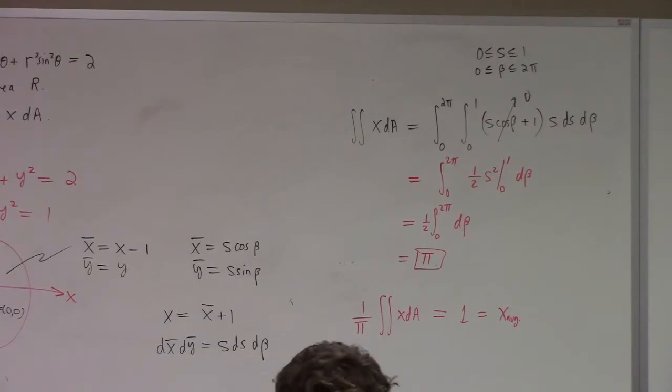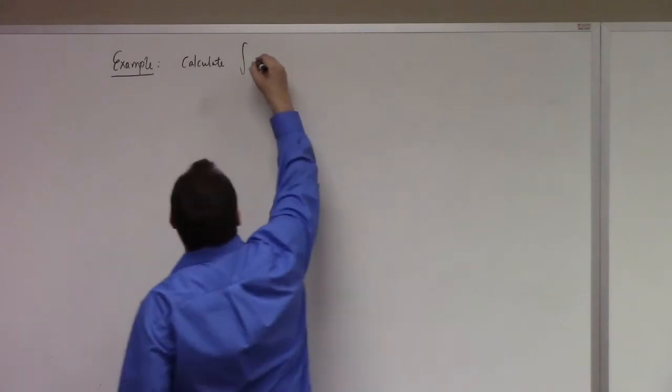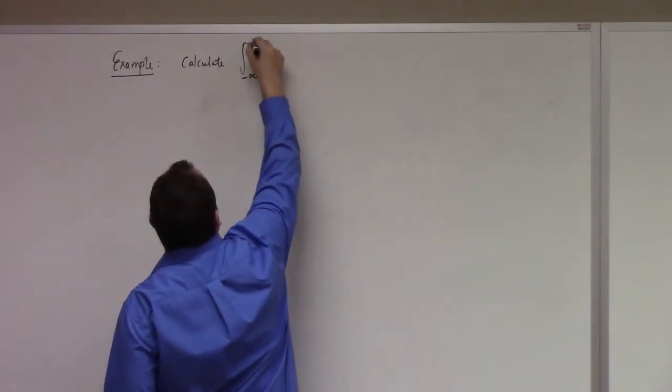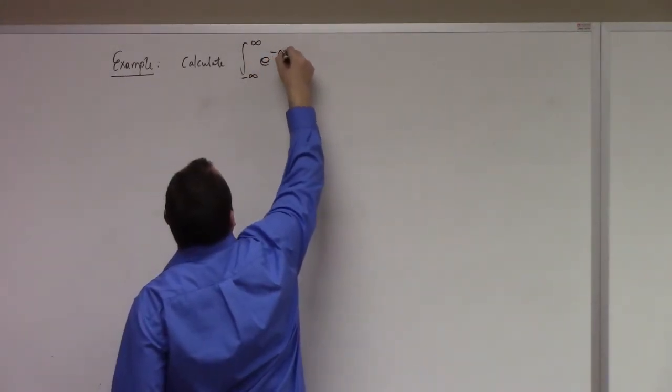So here's the example. This is a famous classic example. Calculate the integral. Everybody should see this example in Calculus 3, so I will show it to you. The integral from minus infinity to infinity of e to the minus a x squared dx.